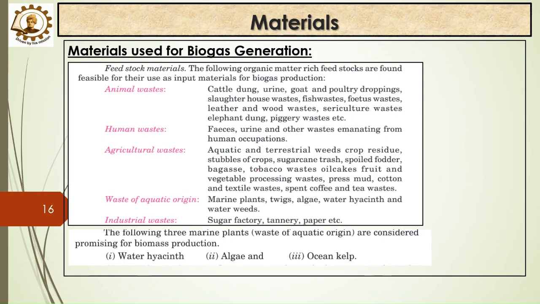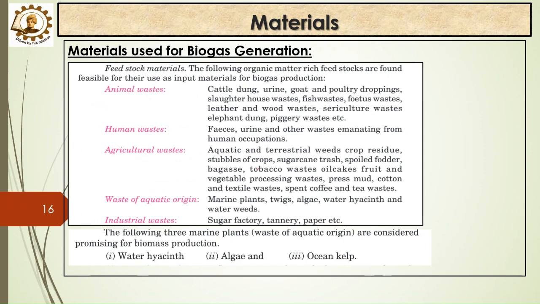Now, coming to the basic materials that we use for generating biogas. First and foremost is animal waste like cattle dung, goat and poultry droppings, slaughterhouse wastes. Then we also have human waste, and agricultural waste, aquatic and terrestrial, like wheat crop residues, stubbles of crops, sugarcane trash, bagasse, tobacco waste.